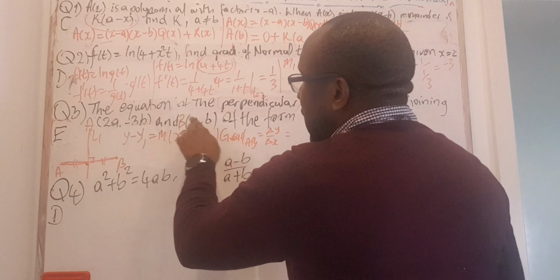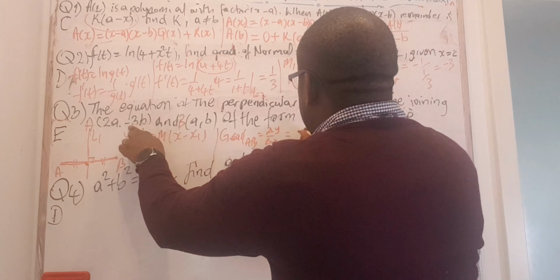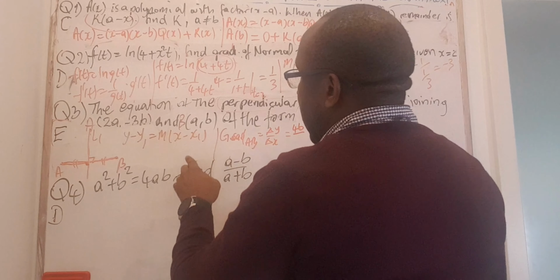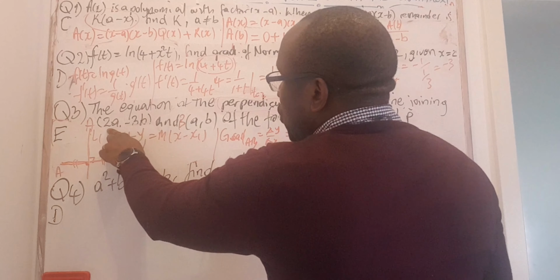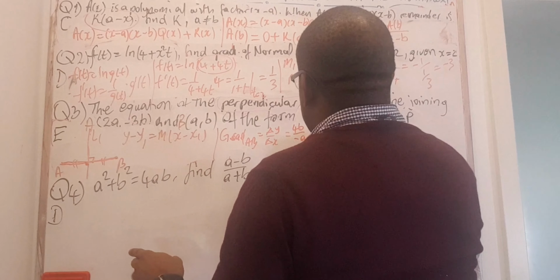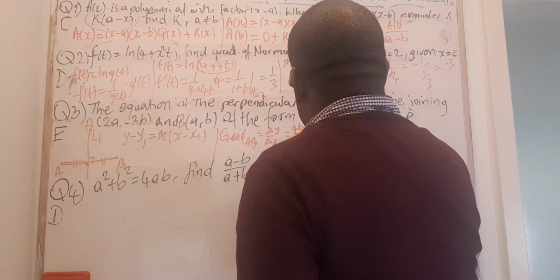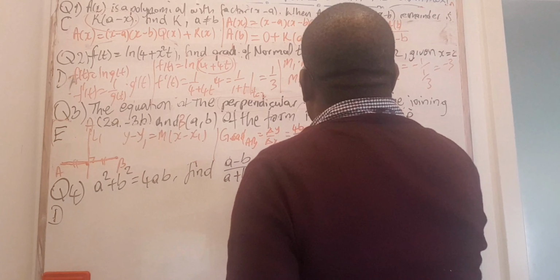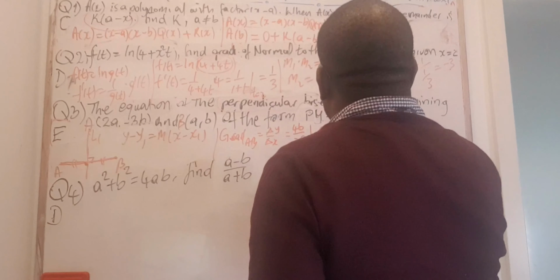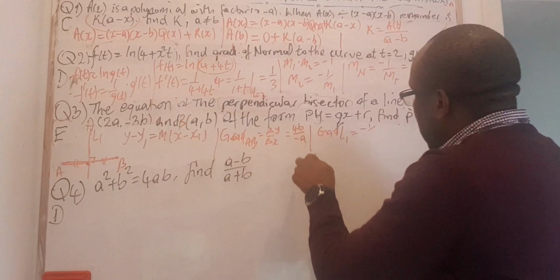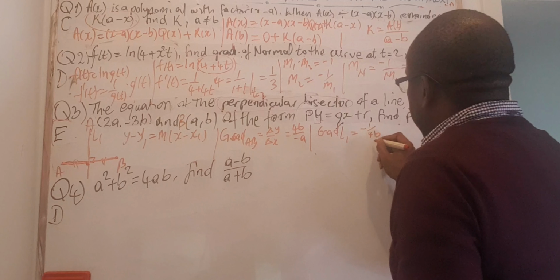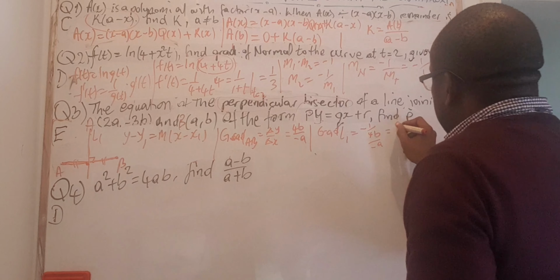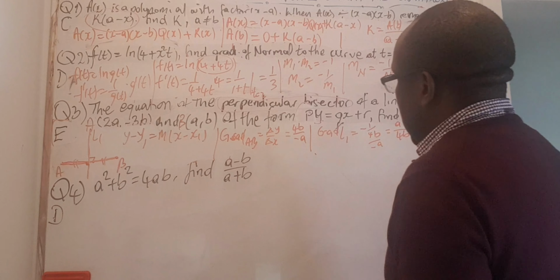Change in y, that is b minus 3b, that's minus 2b... that's 4b, divided by a minus 2a, that's minus a. Since this line is perpendicular to that, it means the gradient of L1 is equal to -1 over the gradient of this one, that is 4b on minus a. This inverts, the minuses go away, and I get a all over 4b.